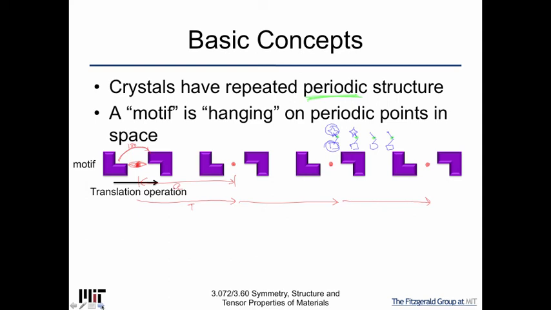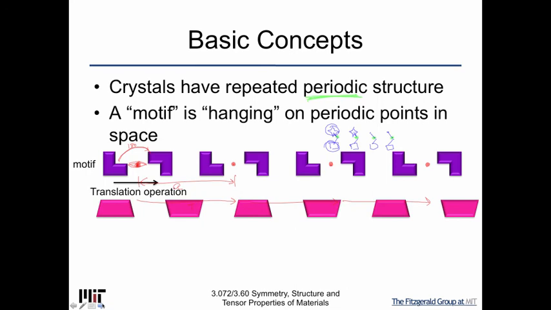So other examples, just to make sure you can think in multiple terms. I don't have to have a motif with two different kinds of shapes. In this case, shapes that are rotated 180 degrees about some point, right? I could have just a regular shape, and it's just repeated every so often.